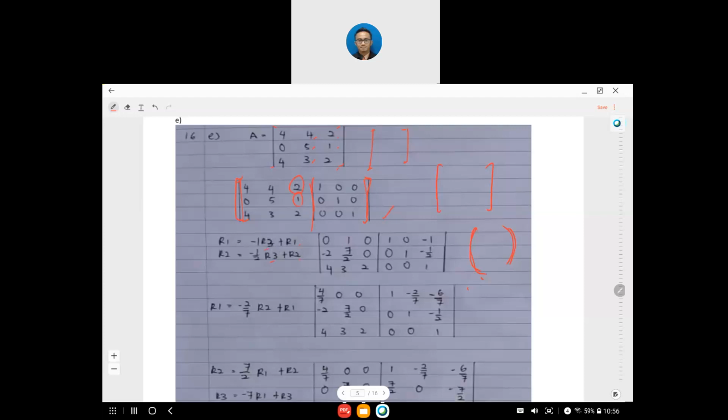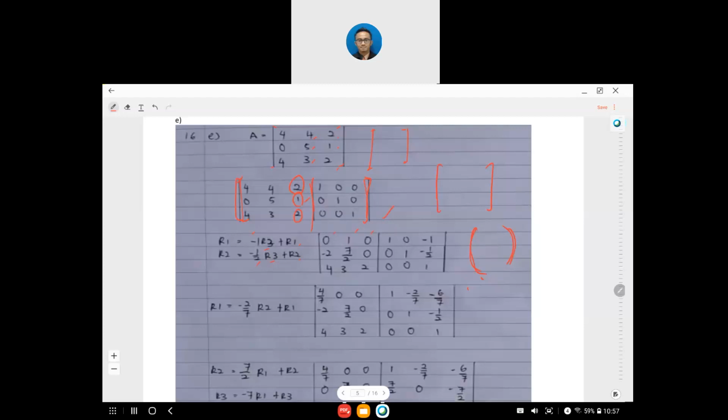By using row 3 to change row 1 and row 2. Okay. So to change row 1, you times by negative 1, because here row 3 is already 2. And then to change row 2, you times by negative 1/2 because your row 2 is 1. Okay. So after that, you can get 0, 1, 0.